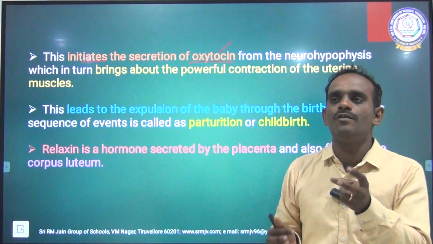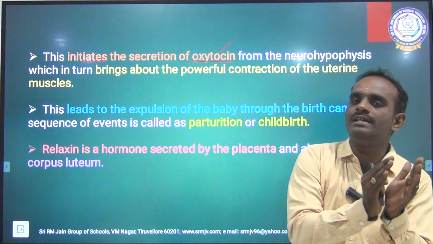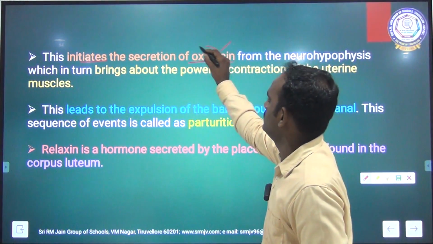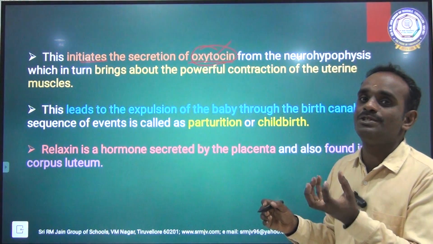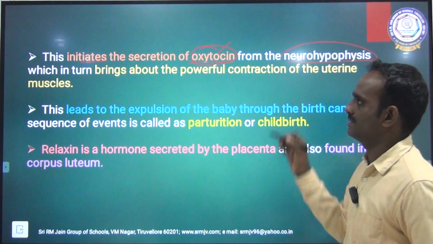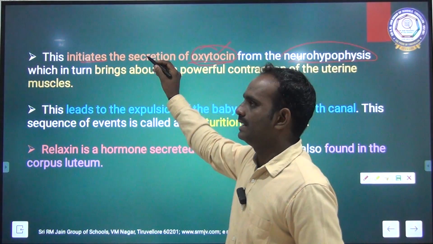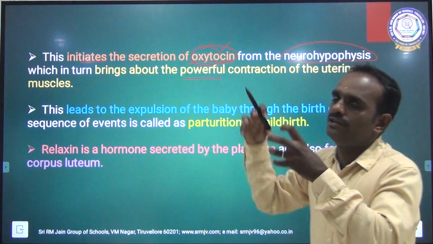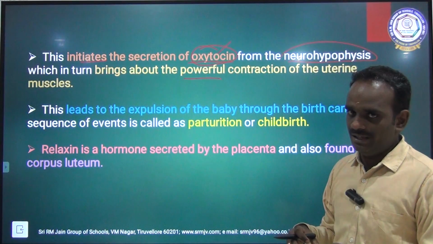The pituitary gland is of two parts: anterior pituitary and posterior pituitary. Oxytocin in turn brings about powerful contraction of the uterus.